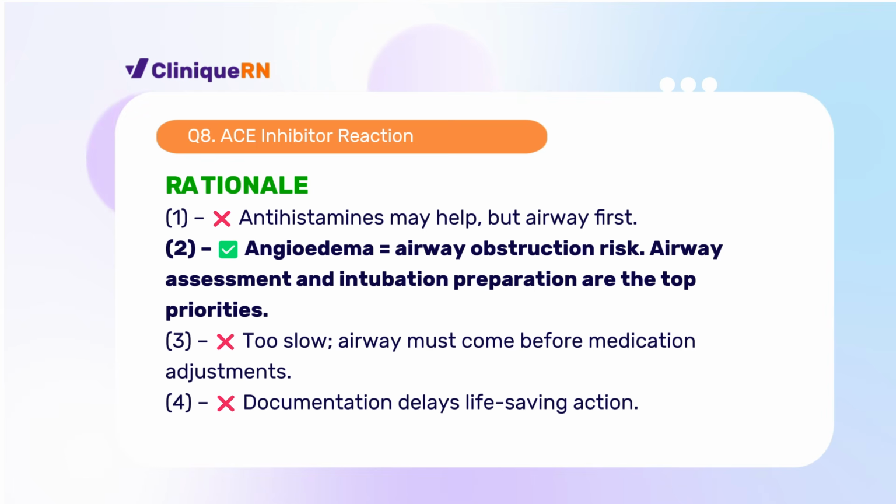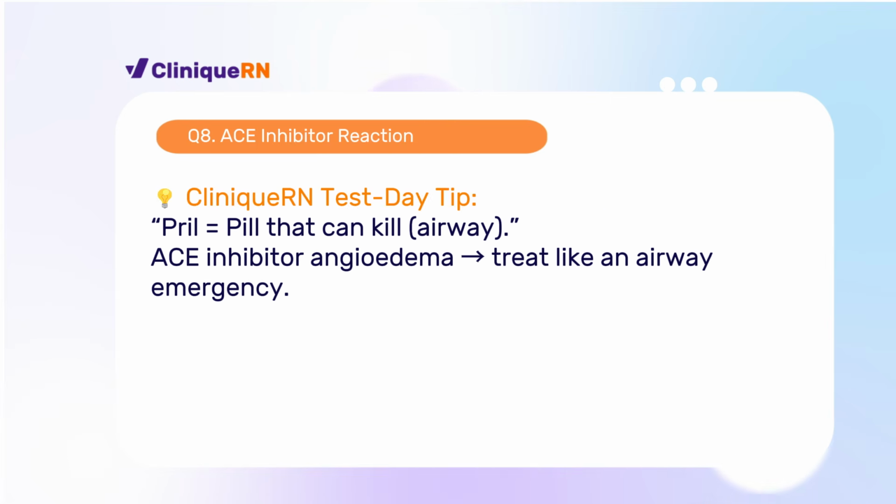Airway must come before medication adjustments. 4. Documentation delays life-saving action. CliniqueRN Test-Day tip. The suffix pril refers to ACE inhibitors, remembered by the phrase, a pill that can kill, because of the risk of angioedema. Angioedema caused by an ACE inhibitor should always be treated as an airway emergency.